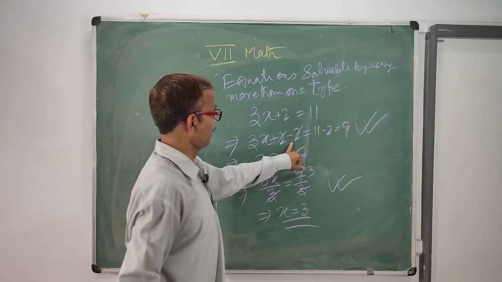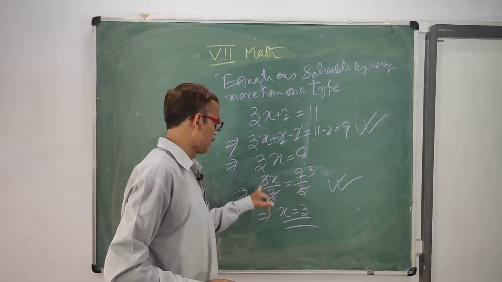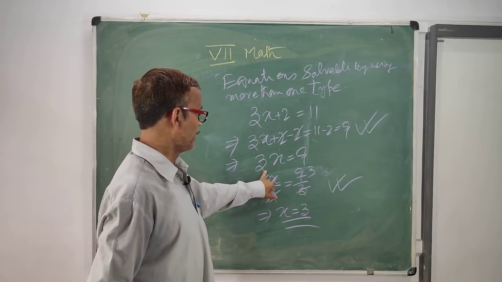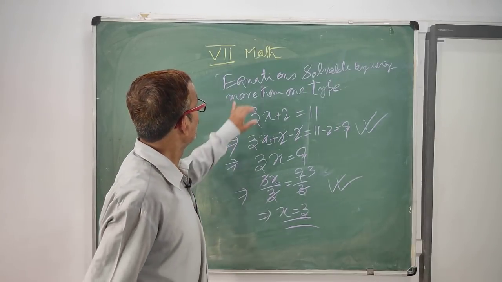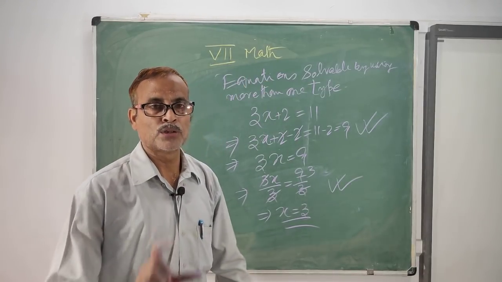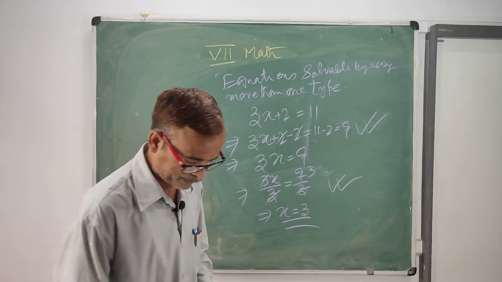Here you have subtracted and here you have divided by the coefficient of the variable, or coefficient of x. So the systematic method is somewhat easier than the trial and error method.